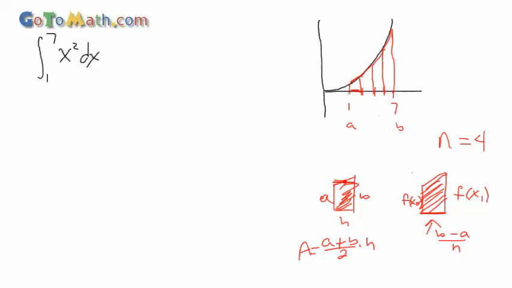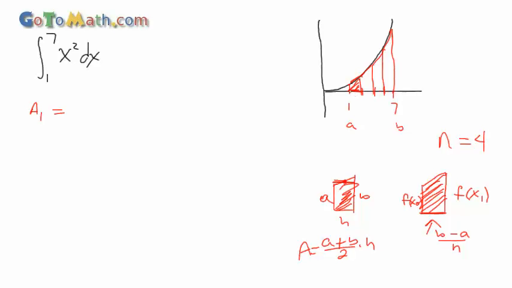Okay, so why don't we go ahead and find the area of this first trapezoid. We'll just call this area 1. I should say trapezoid 1, but anyway, we'll call it area 1.